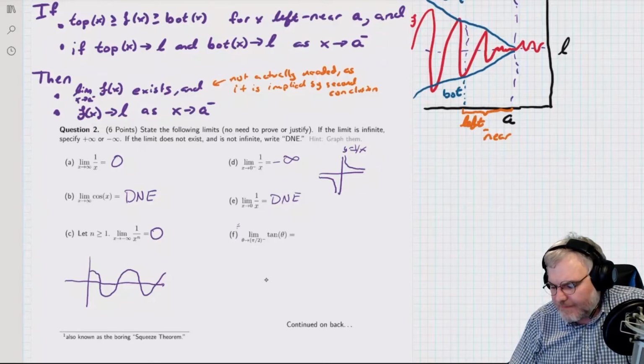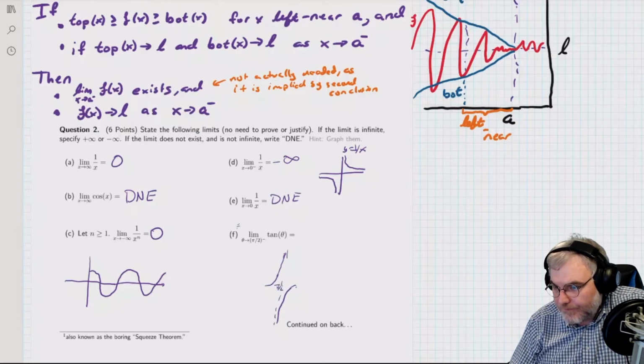And if you do that, you know that the graph of tangent goes up until it gets to pi over 2, and then it just zooms down to negative infinity and comes up. So right here, this is at pi over 2. And it just keeps doing that. This right here is pi.